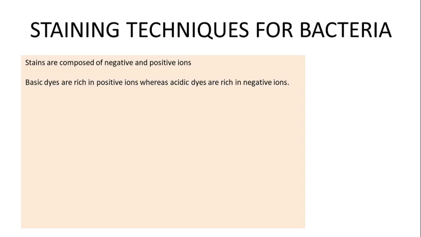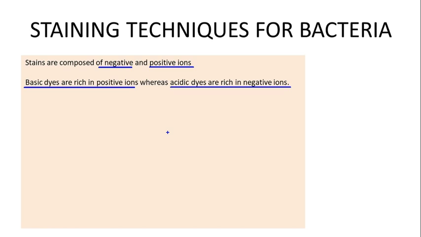Now if we want to analyze bacteria, how will we observe the structure, how will we get to know the size of bacteria? That is done through techniques known as staining techniques. All the stains have either negative ions or positive ions. Basic dyes are rich in positive ions, whereas acidic dyes are rich in negative ions.